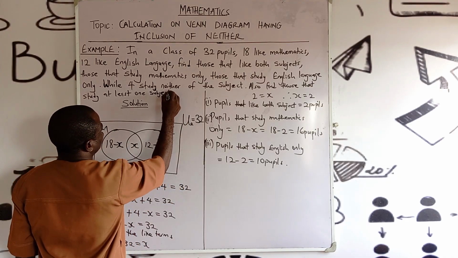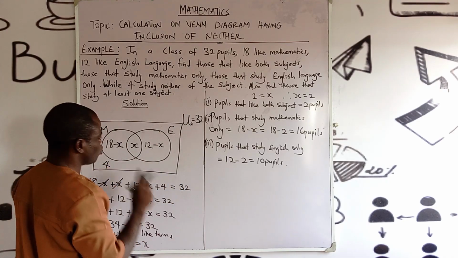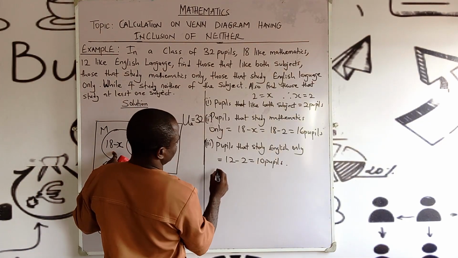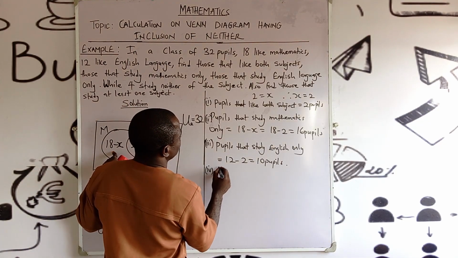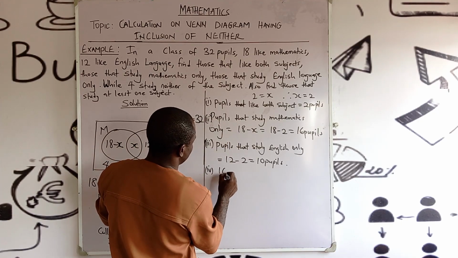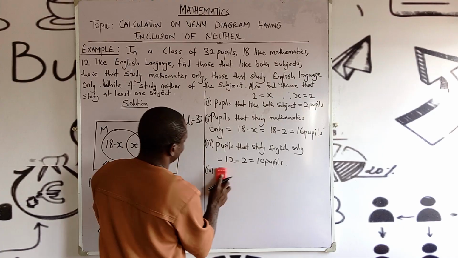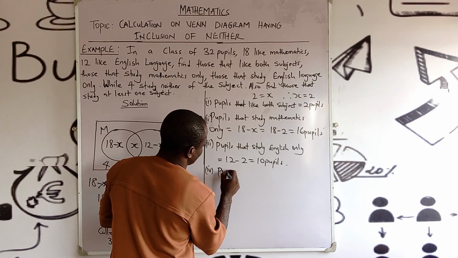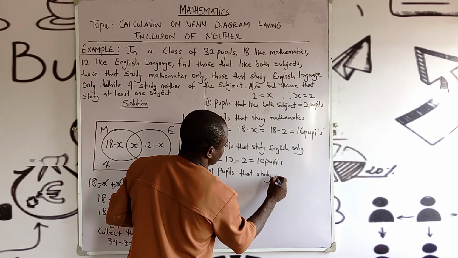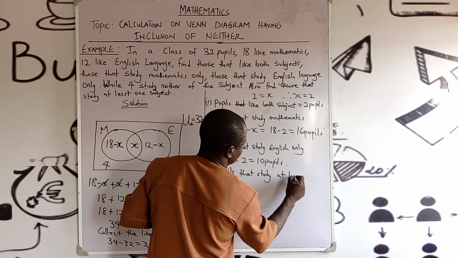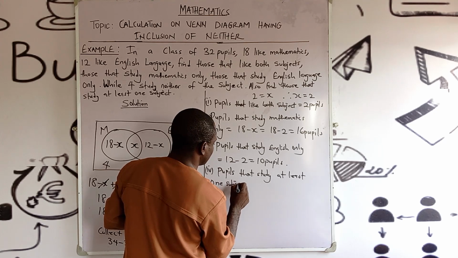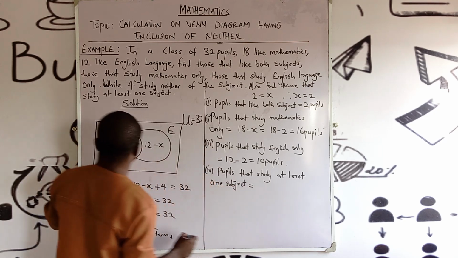At least one subject means one and above. You add that of mathematics, which is 16 pupils. I call it pupils that study at least one subject. At least means one subject and above.